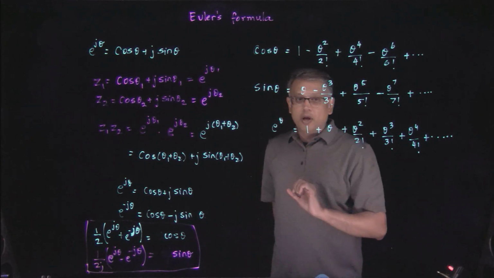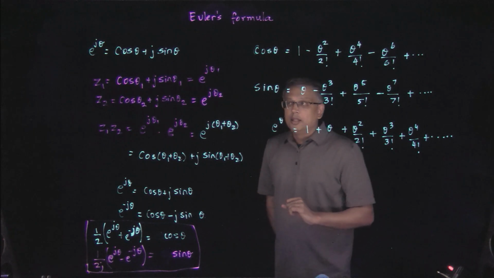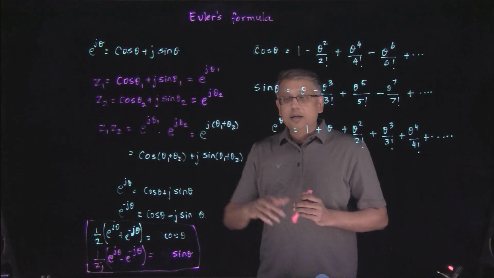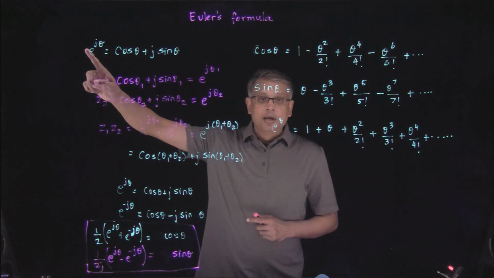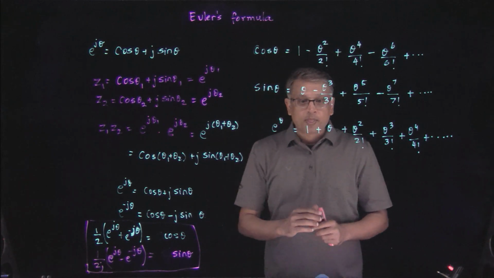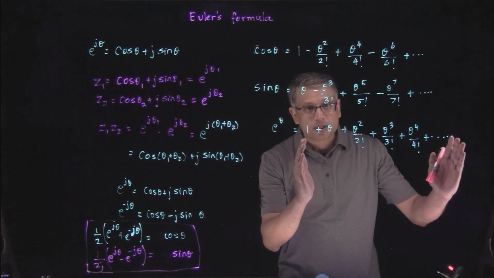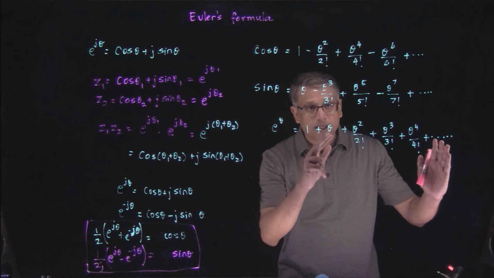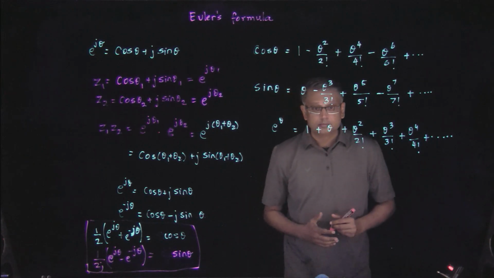So in that same way, we can think of e to the j theta as the short form for what you would get in the power series by replacing theta by j times theta.